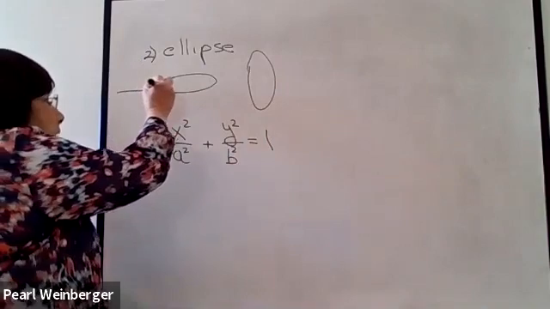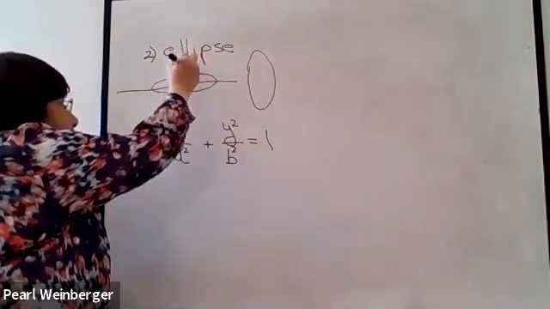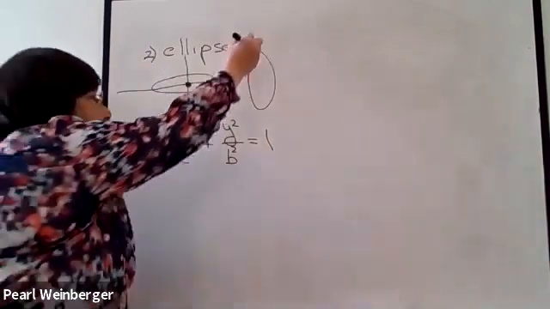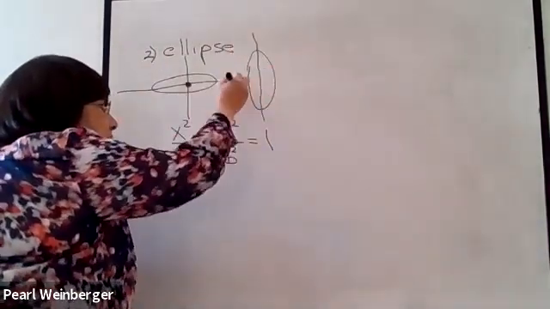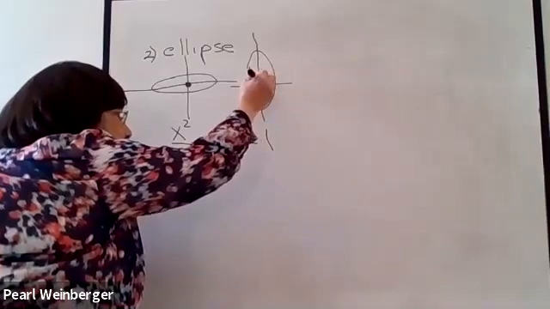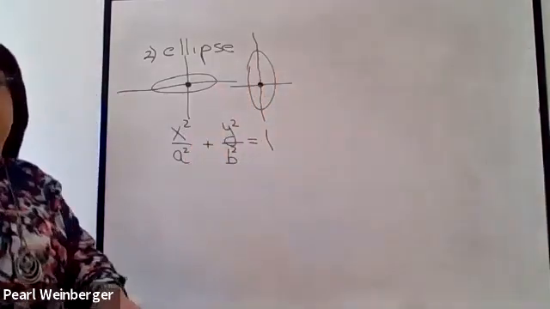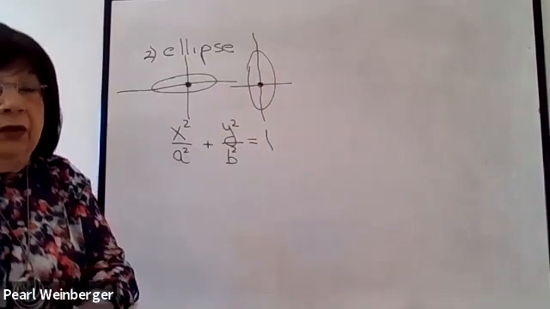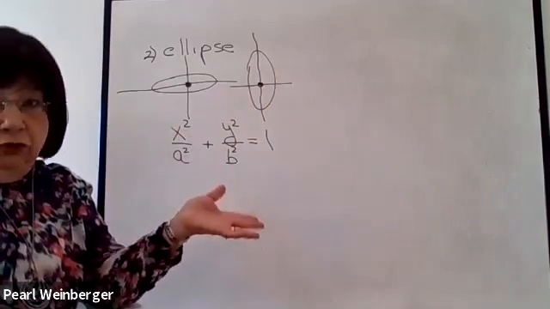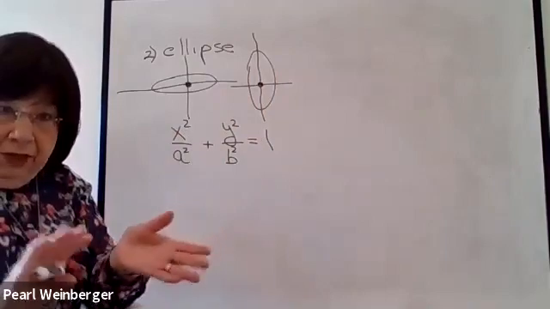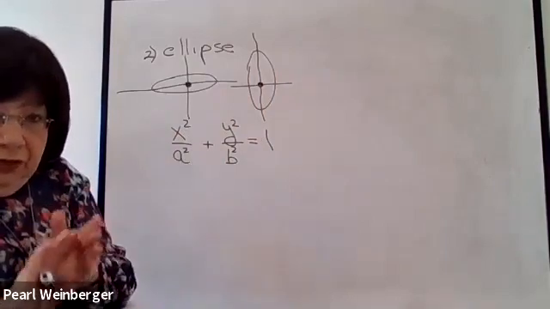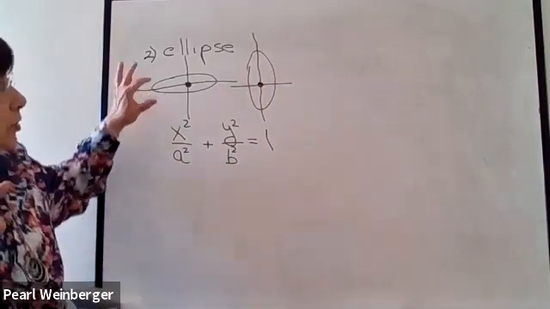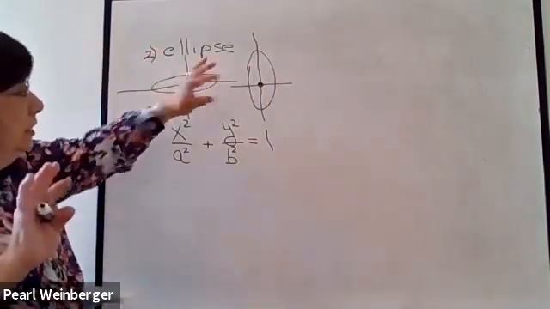The only types of ellipses we're going to do are ellipses that are centered at the origin. The center of the ellipse. Now remember, we started out talking about circles that were centered at the origin, but then we went on to doing circles that had centers other places. With the ellipse, we only are going to talk about those that are centered at the origin.